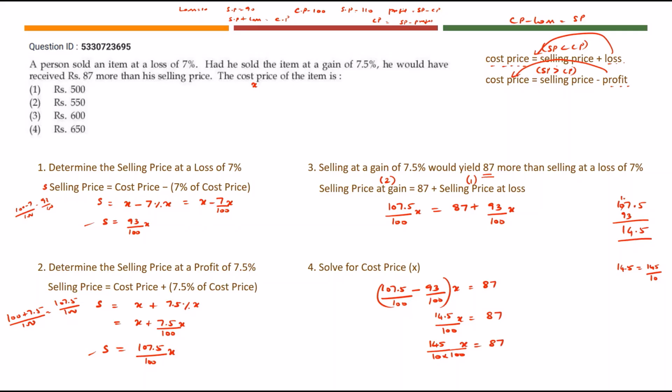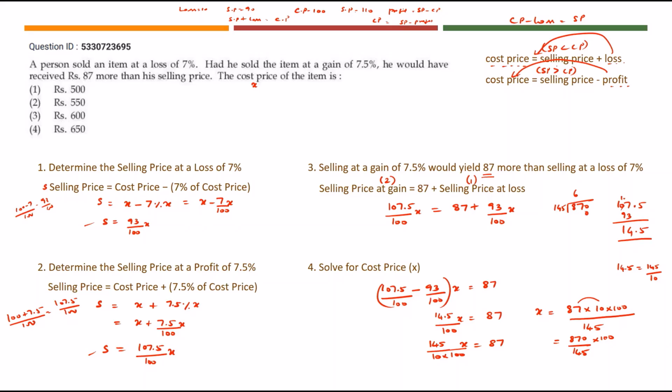Now let's find X is equal to 87 into the denominator 10 into 100 divided by 145. What is 870 divided by 145 into 100? I am just multiplying only these two values. So we check 870 divided by 145. We can go with 6.